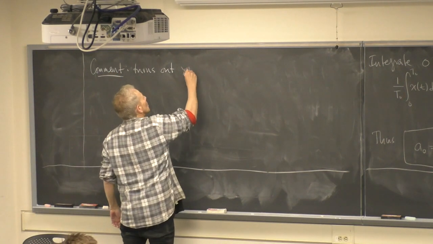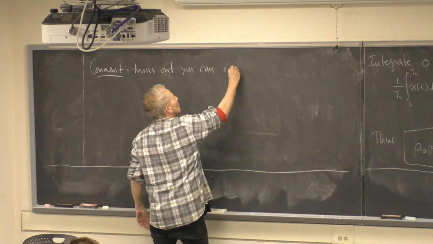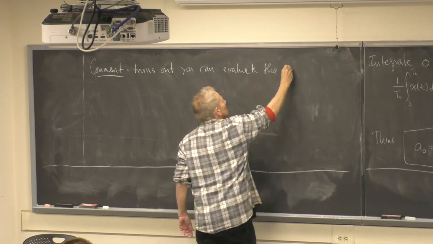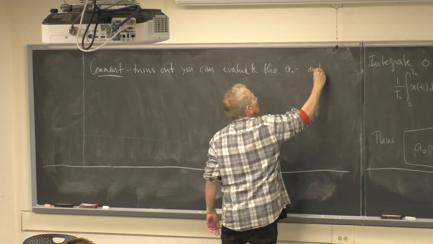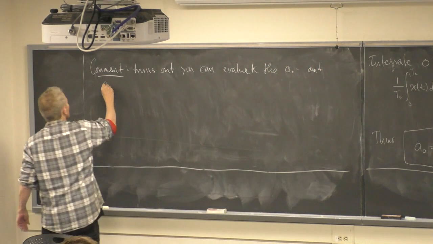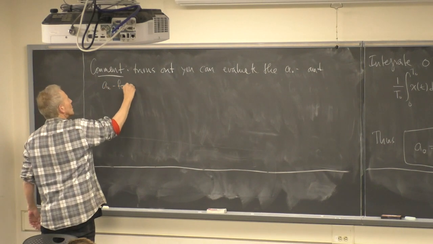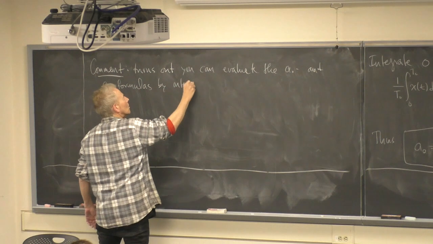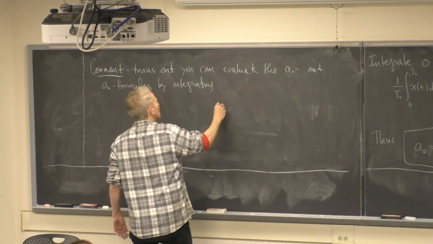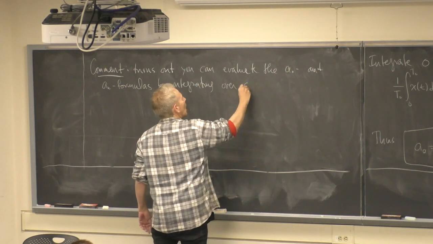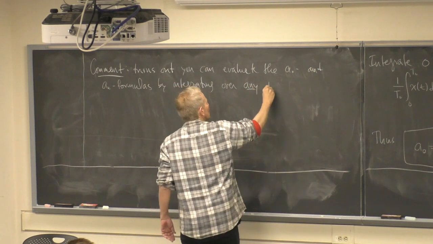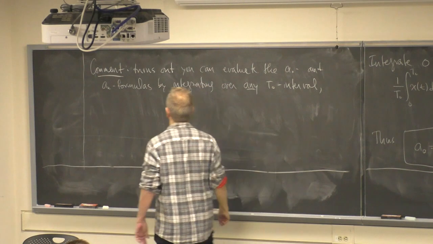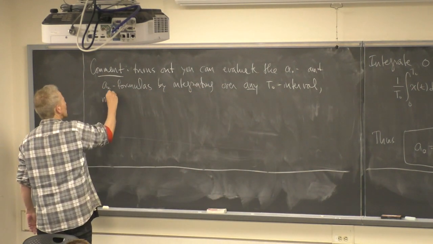So you can evaluate the a0 and ak formulas by integrating their integrands over any t0 interval, not just 0 to t0.